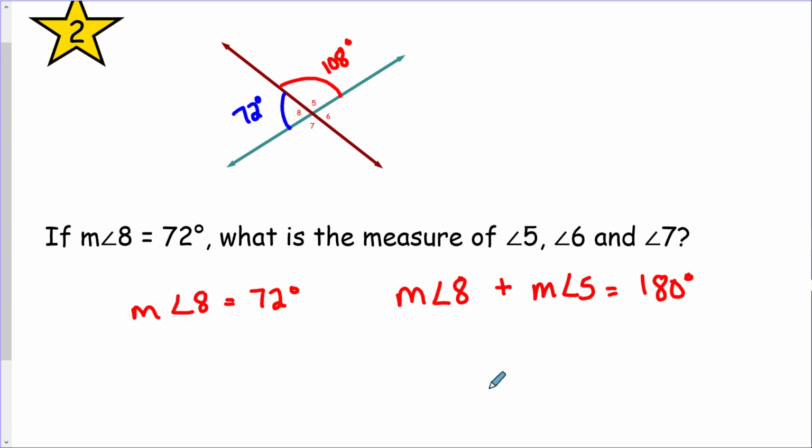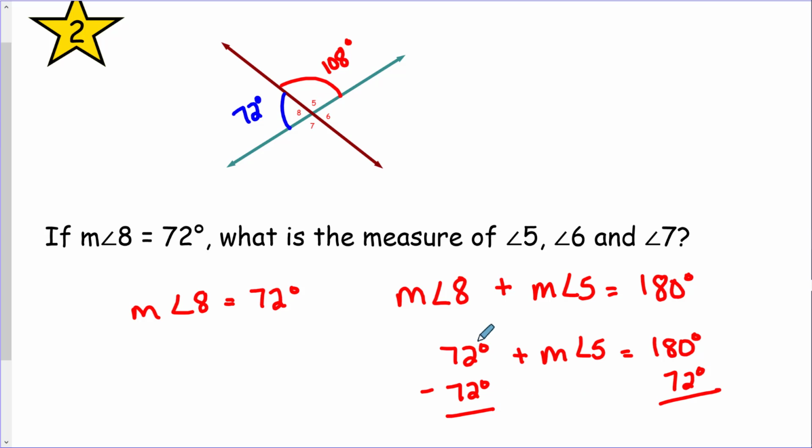So I'm going to set this up like a one-step algebraic equation. I know the measure of angle 8 is 72 degrees plus the measure of angle 5 is equal to 180 degrees. So now I'm going to subtract the 72 degrees from both sides. That goes away over here, and I'm left with the measure of angle 5 is equal to 108 degrees. So that's how we got the 108 degrees.